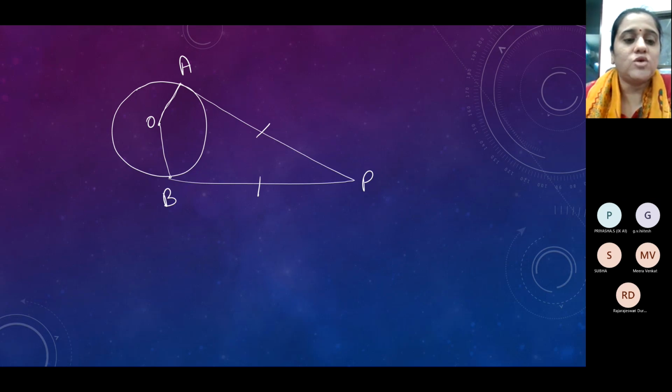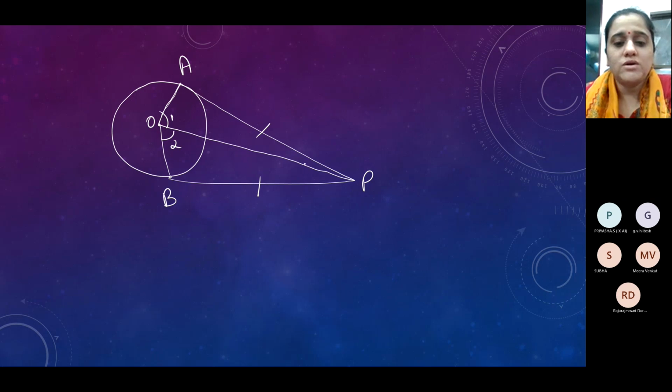All right, then we also join the center to the external point P. Now, angle 1 is equal to angle 2. Angle 3 is equal to angle 4. And PA is equal to PB. These are the results. PA is equal to PB, you understand the reason: equal tangents from the same external point.